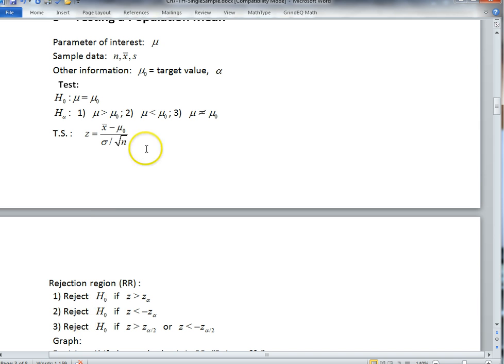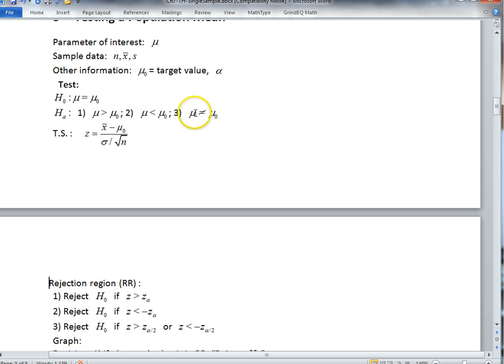If this is my test, we call this an upper tail test because it's larger than. If it's less than mu 0, we call it a lower tail test, since I'm going to be working with the lower tail of the normal distribution. In this case, we reject H0 if z is less than negative z alpha.